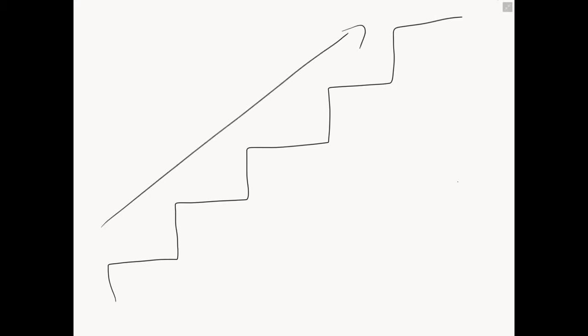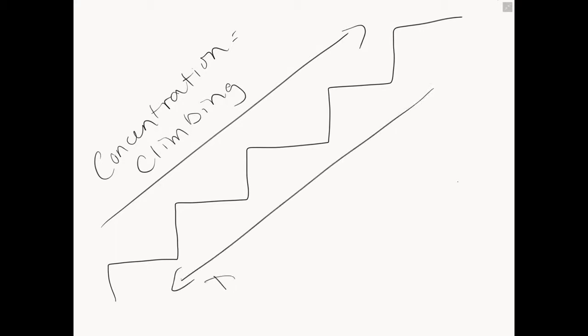So we're going to do something right now on our iPad. We're going to draw a stairway for you that's going to help simplify this concept. It's a little bit of a trick that I definitely wish I'd have known sooner. So we're just going to draw a staircase, a simple picture, and I'm going to write here concentration equals climbing, and then an arrow pointing downwards, and dilution equals down.